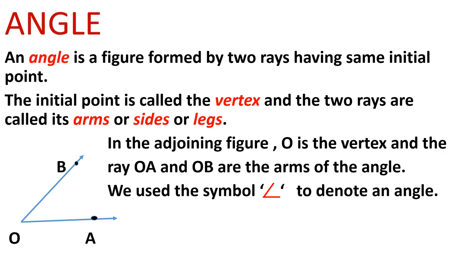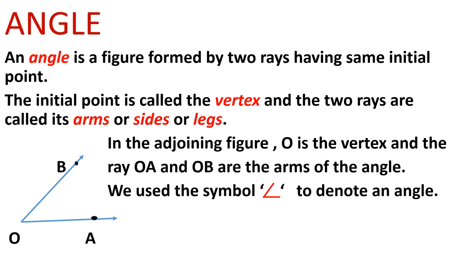In this, O is the vertex because that is the common initial point of the two rays. Ray OA and ray OB are the two arms of the angle, or the two sides of the angle.